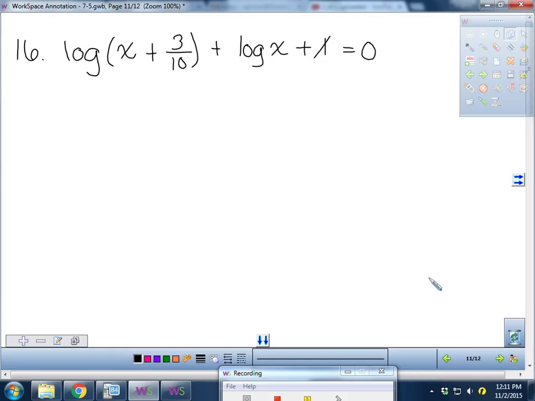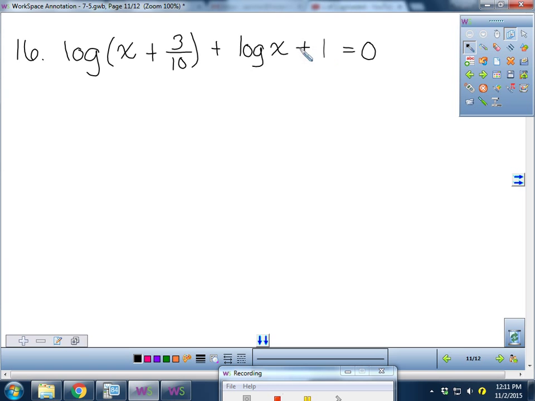Alright, number 16. Alright, so you notice that you have 2 logs, but here's something that you're going to forget about. This is taking the log of the x plus 3 over 10. This log is only taking the log of x.